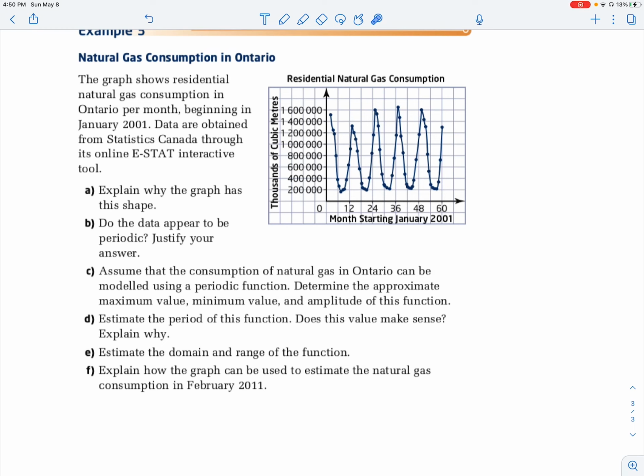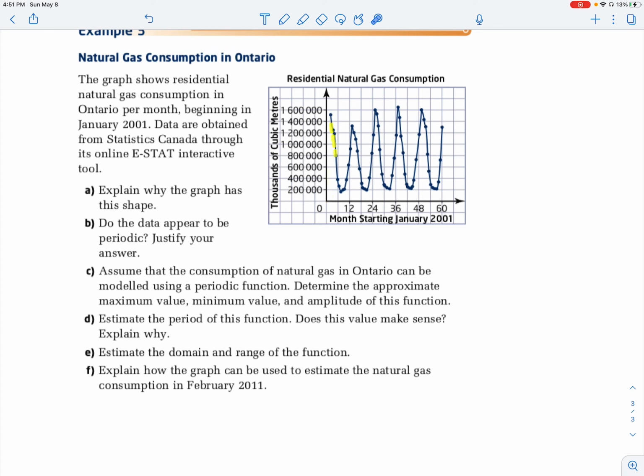Well, it makes sense that it repeats because Ontario's weather also repeats. So we can see that gas consumption is really high at the start of the year. January is the month start, so it looks like it's probably February where we're at the highest value.